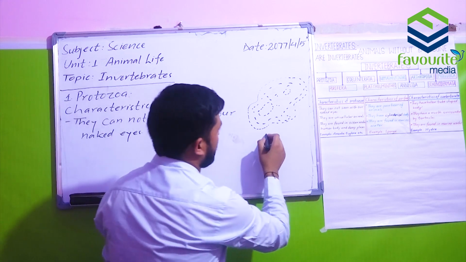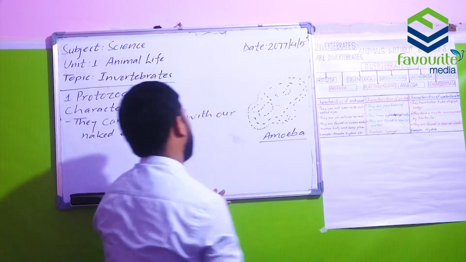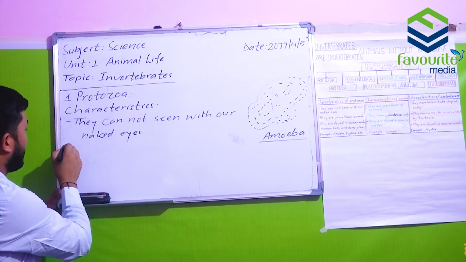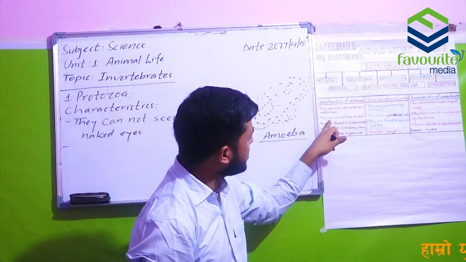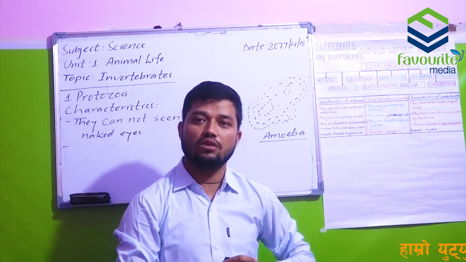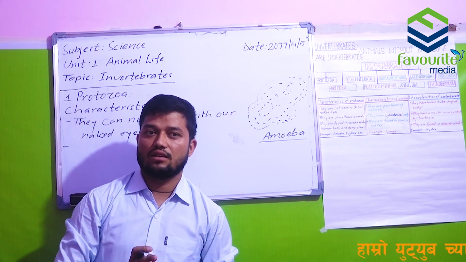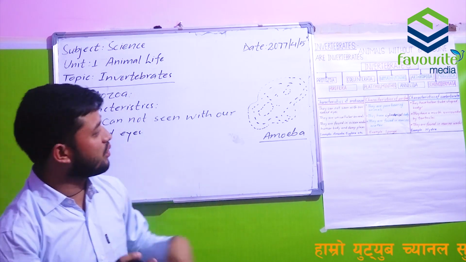This is the picture of an amoeba. To see them we have to use a microscope. The second characteristic: they are unicellular animals, right? Do you know, guys, unicellular? Of course you know.